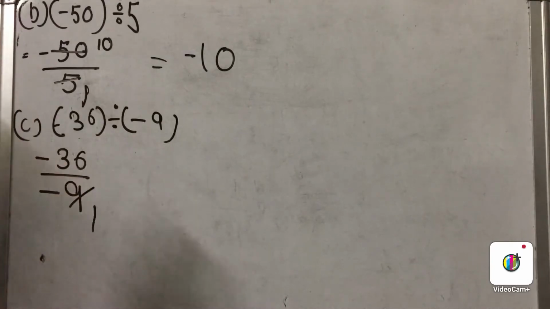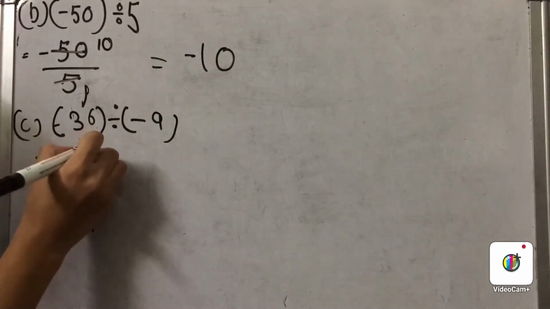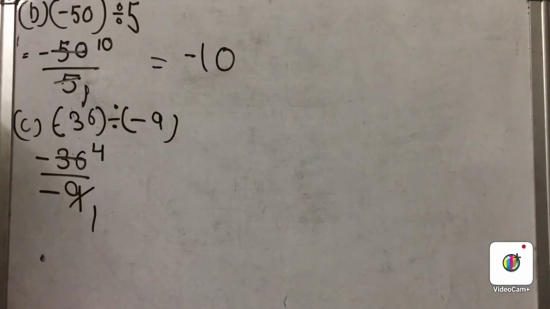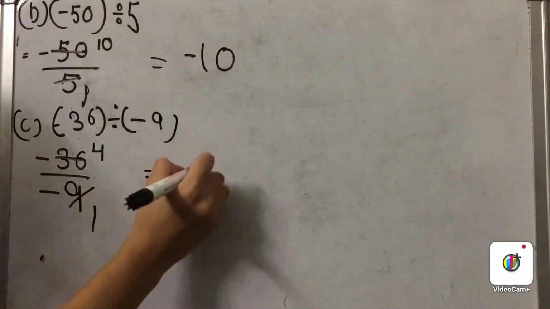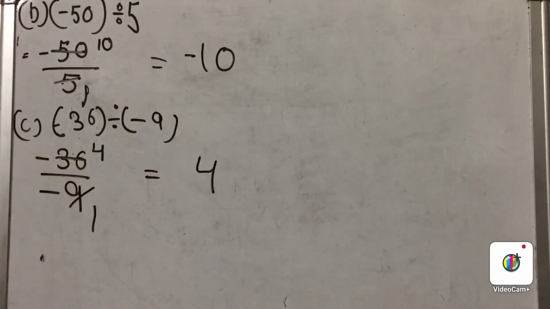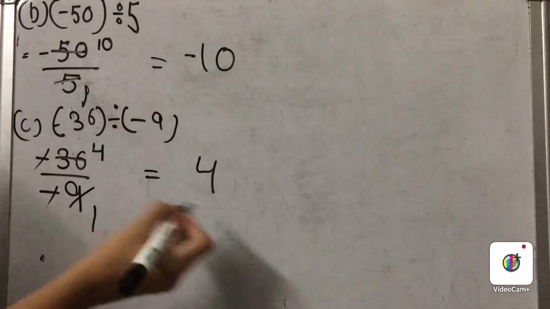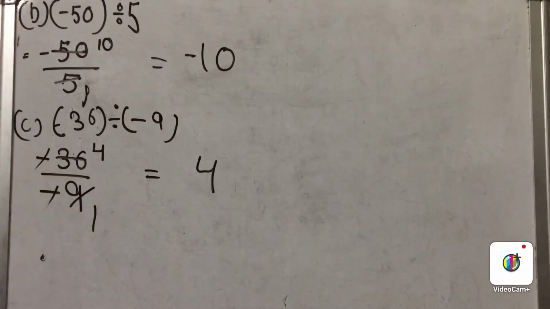Okay, now 9 ones are 9 and 9 fours are 36. So this will be 4 in positive because minus minus is plus, or you can say that minus is cancelled with minus. So this will come as 4. So this was our C part.